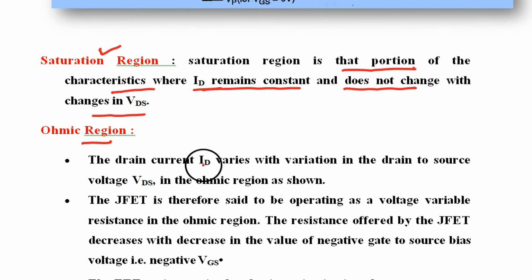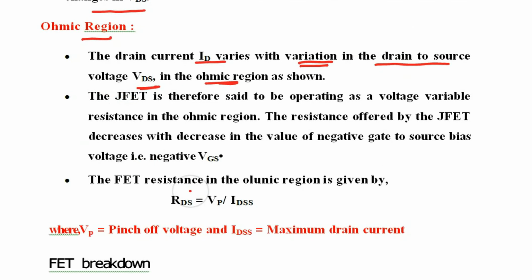Ohmic region: the drain current varies with drain to source voltage in this region. And the JFET is said to be operating as a voltage variable resistance in the ohmic region.